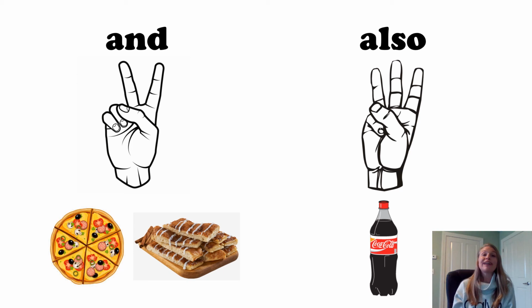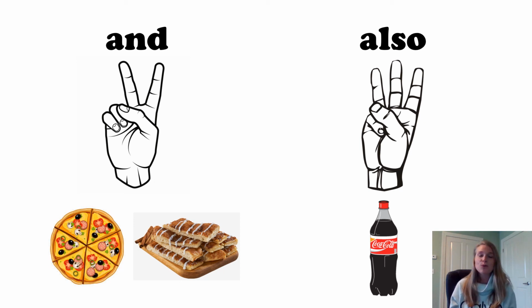When you use the word and in a sentence, it's to put 2 things together. When you use the word also in a sentence, it's to add 1 more thing. So I told you in my sentence I wanted cheese pizzas and cinnamon sticks, but I thought, I also want soda.